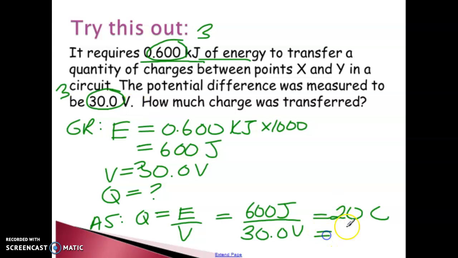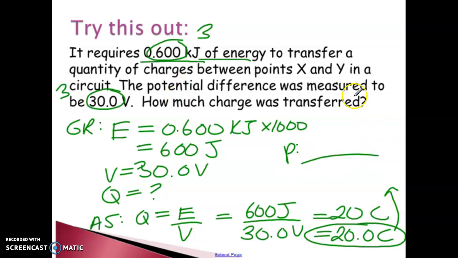So we need to make this one significant digit into 3. Hopefully you realize you'd have to put a decimal and an additional 0 there. Remember that decimal makes these trailing zeros count, and we needed to add one more so that we had 3 digits in total. And then you would, of course, have a therefore statement here. So the amount of charge that was transferred was 20.0 coulombs.